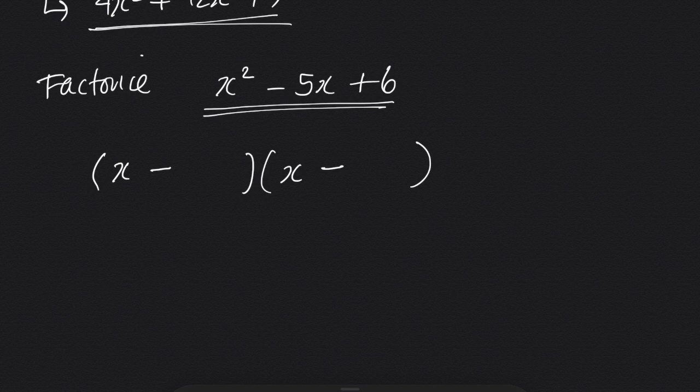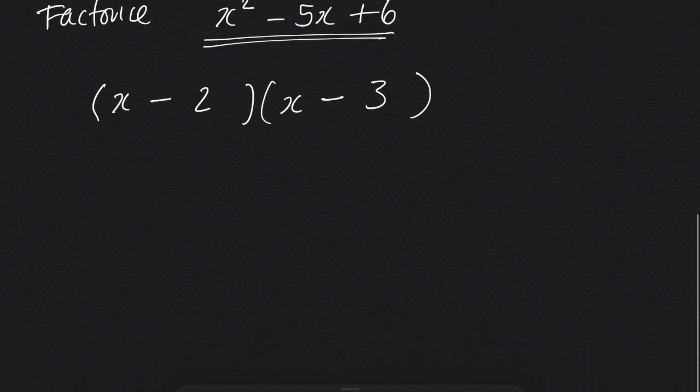So all we can say is, well, actually, minus 2 plus minus 3 has to equal minus 5. So that's one way of doing it. And also minus 2 multiplied by minus 3 has to equal 6. Therefore, our answer has to be minus 2 and minus 3.